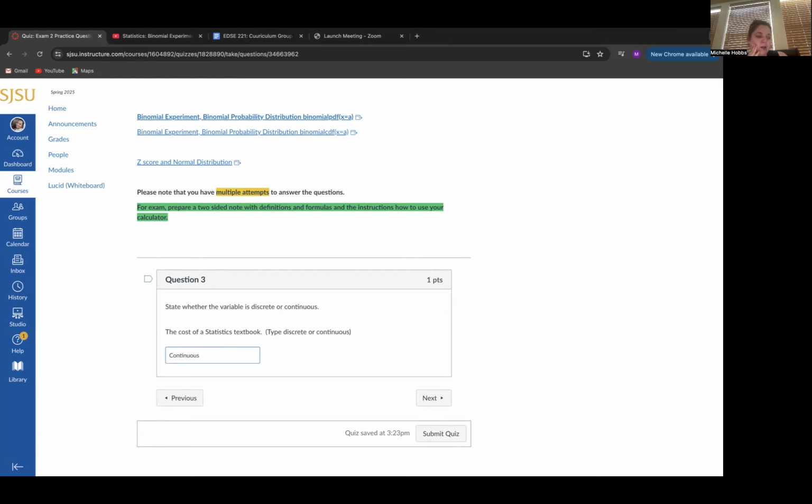Continuous because again it can take on any value within a range. That would include prices with decimal values, so that would be within the cost of a statistics textbook.